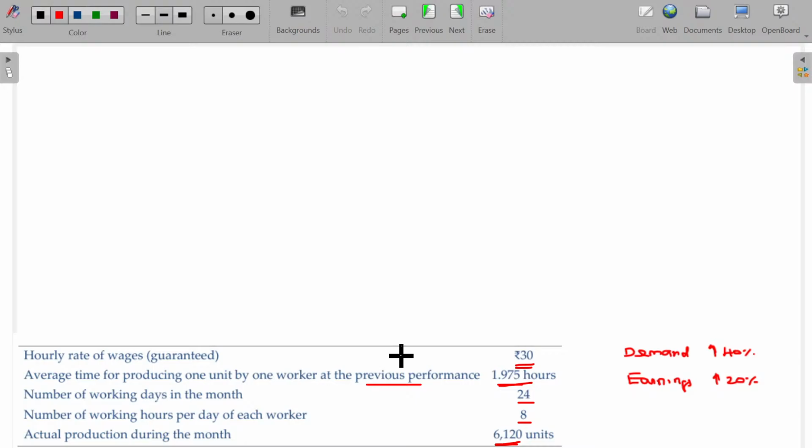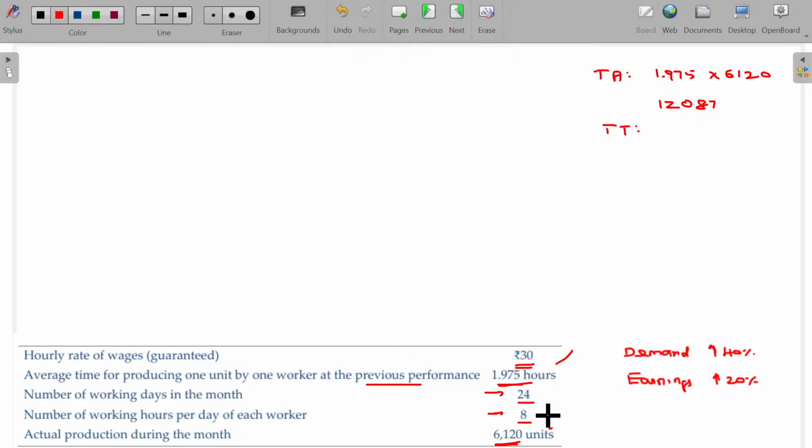And Halsey. Time allowed is 1.975 per unit. For 6,120 units, what is the time allowed? 12,087. What about the time taken? 24 days in a month, 8 hours per day.